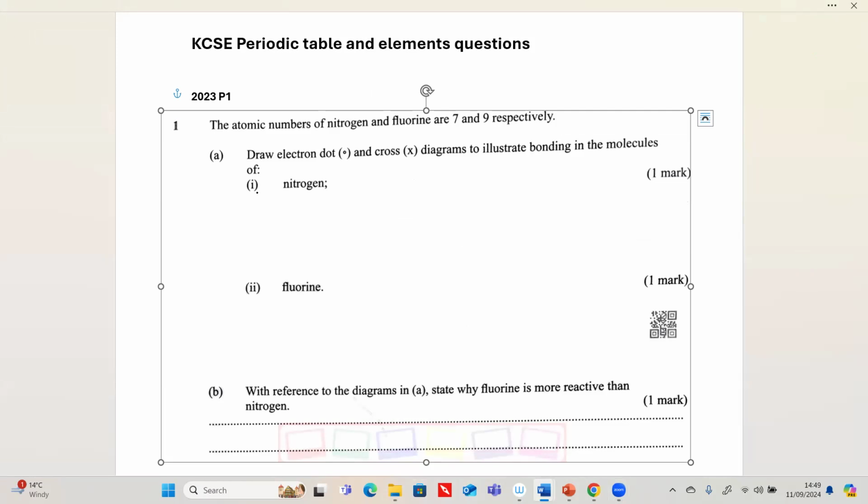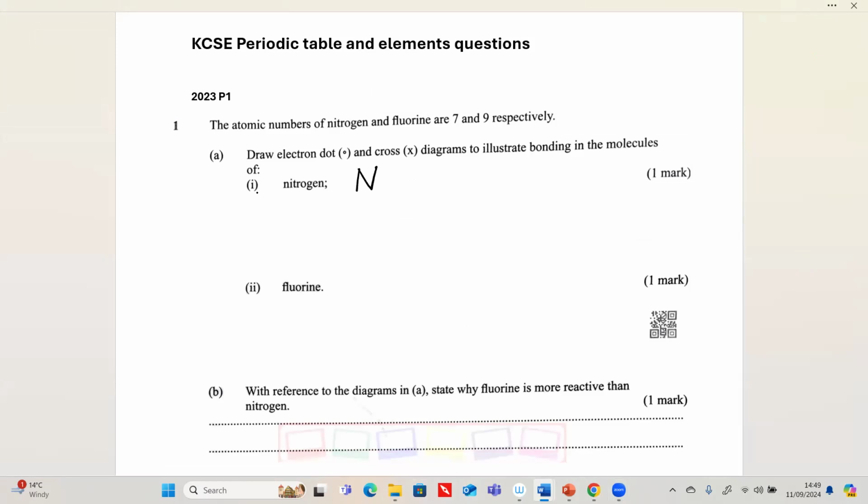Now, nitrogen is 2, 5. So therefore, each atom needs to gain 3 electrons. Fluorine is 2, 7. So it needs to gain 1 electron each.